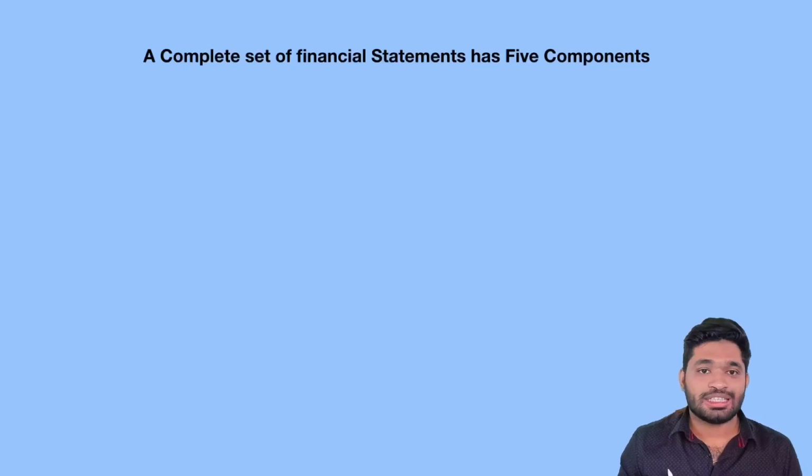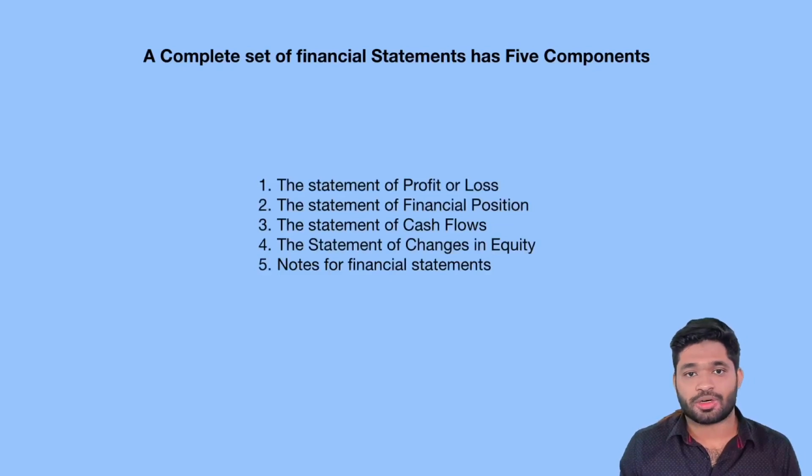In a complete set of financial statements, you have 5 components. The first one is a statement of profit or loss. The second one is a statement of financial position. The third one is a statement of cash flows. The fourth one is a statement of changes in equity. And the fifth one is the notes to the financial statements.